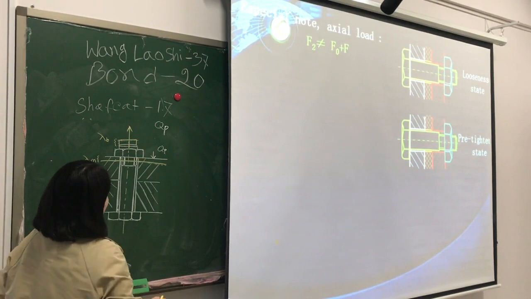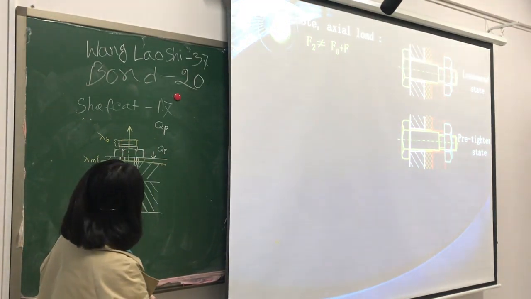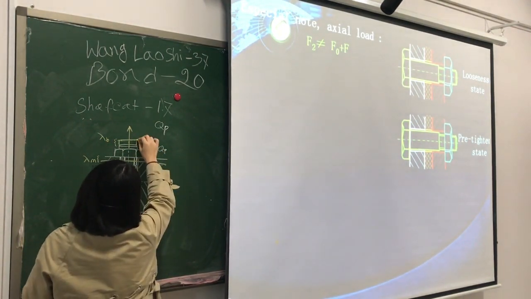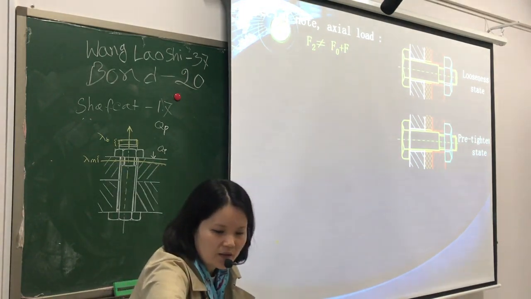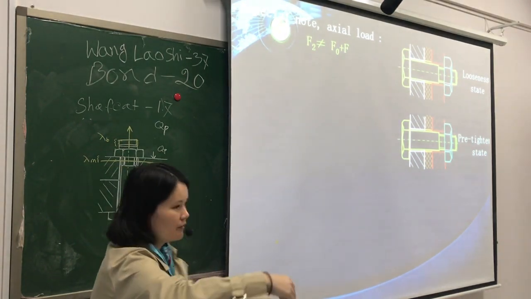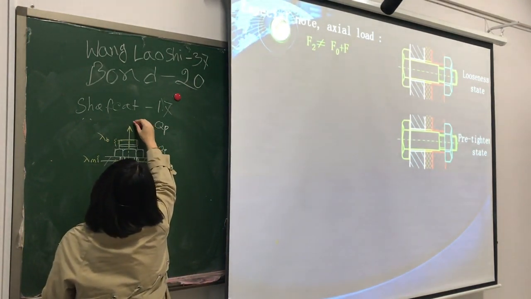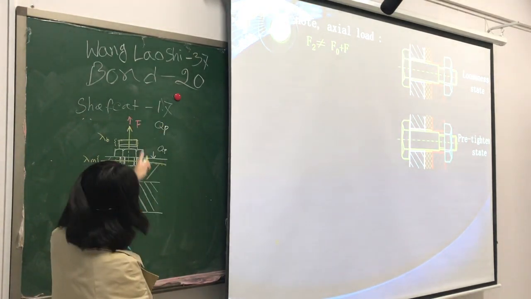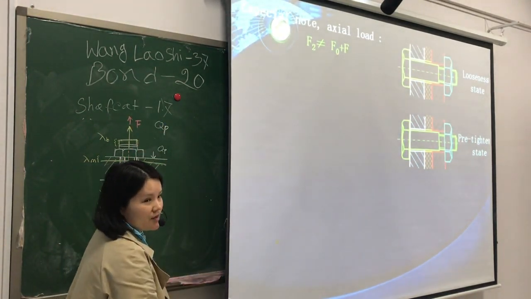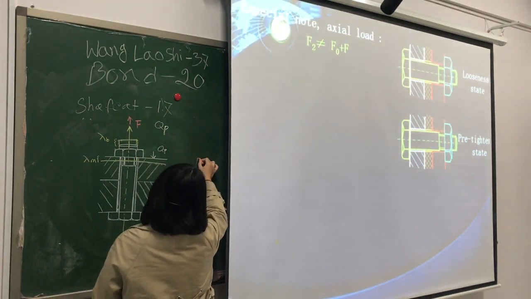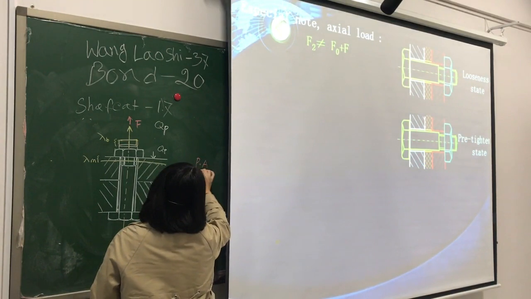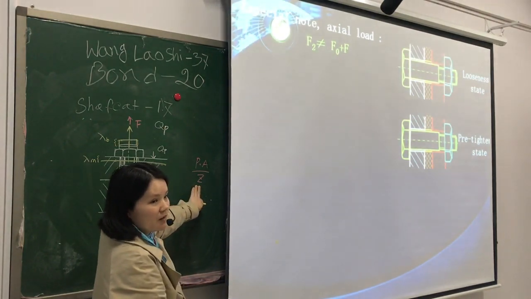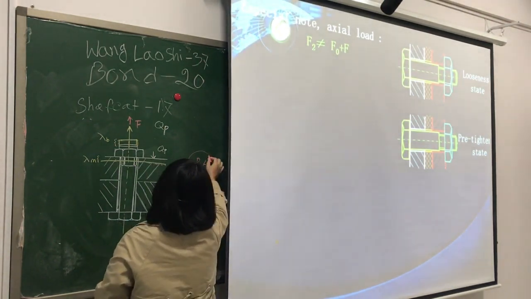Okay, so when the bolt is subject to an axial force F, F is calculated by the equation P, the pressure, times A, over Z. Z is the number of the bolts.